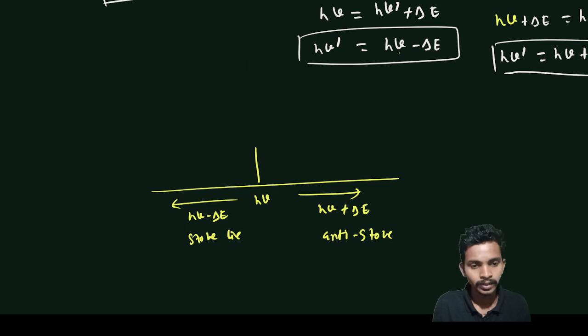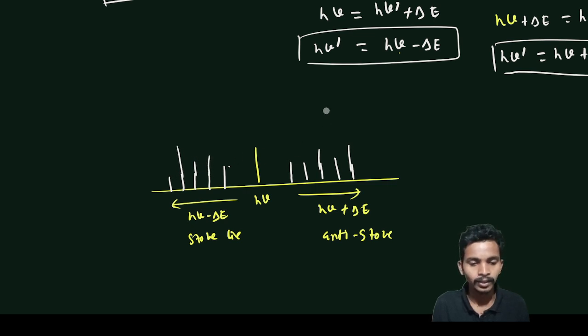So here we see the spectrums, you will see like this. Like this, the spectrums may have different intensities, that depends on the multiplicities.